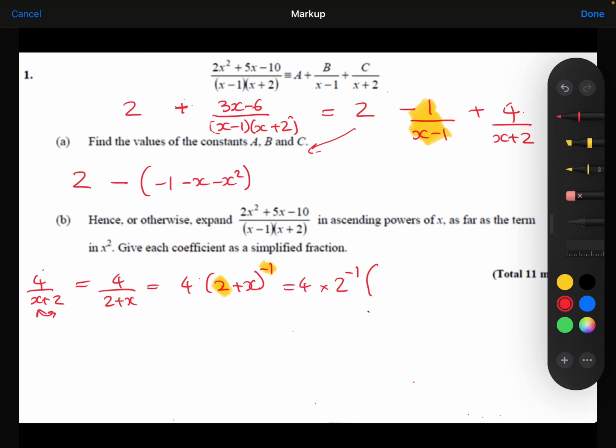On the inside of the brackets, the 2 has now become a 1, and the x would have to be divided by 2 as well, so we'd get x over 2, and all of that's to the power minus 1. The 2 to the power of minus 1, so that's just the same thing as 1 over 2, or 1/2. We've then got 4 times 1/2, which is just 2.